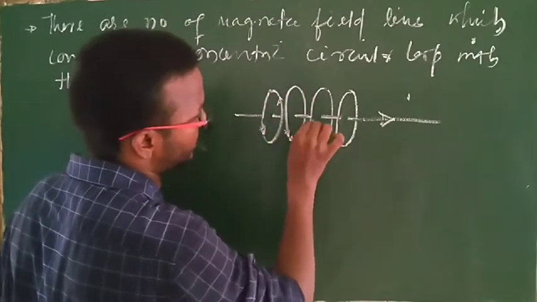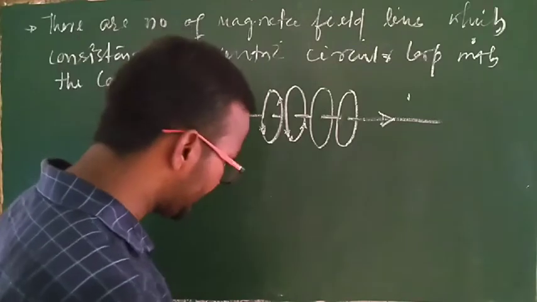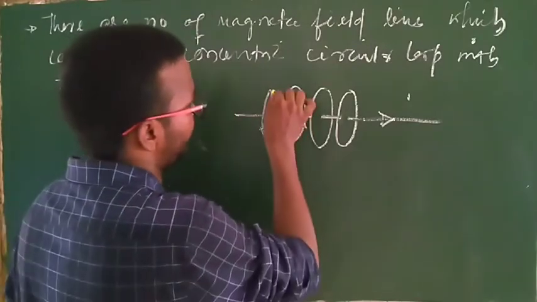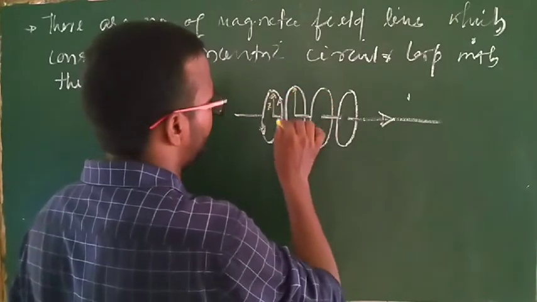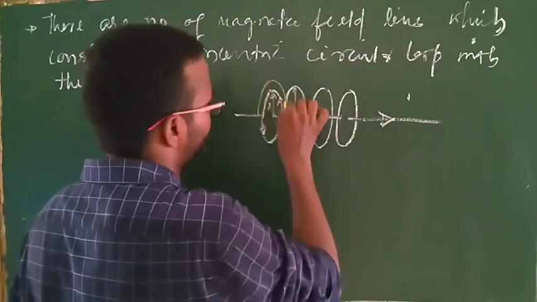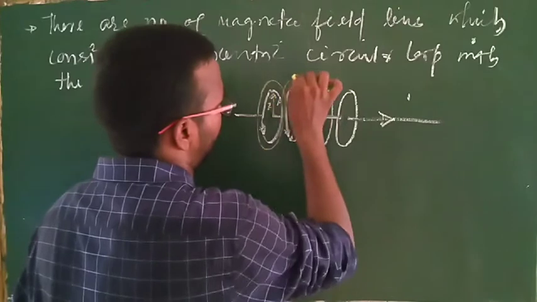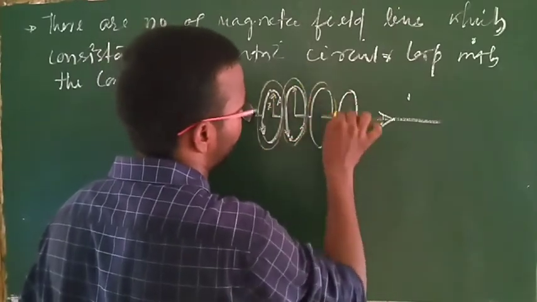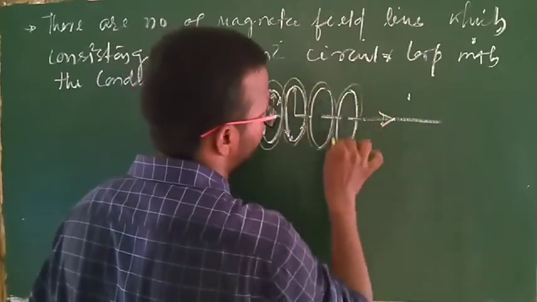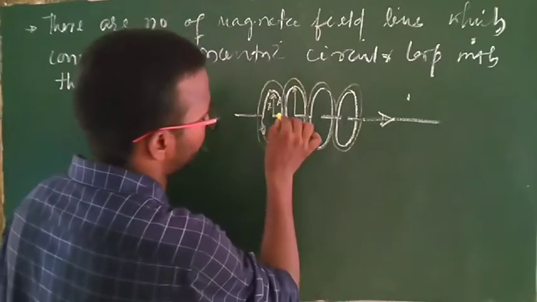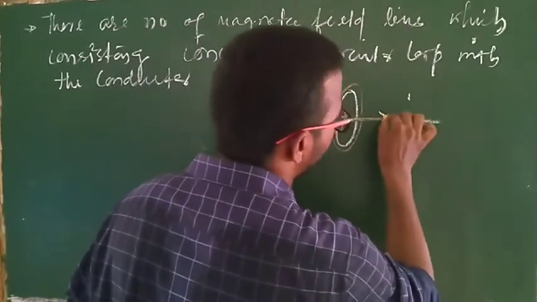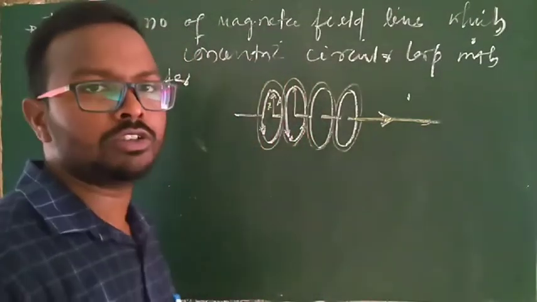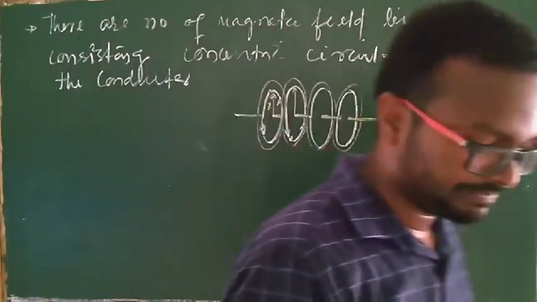The radii are equal and then you can also draw another circle which is concentric. That means the center passes through the current carrying wire. Clear? This is all about our experiment.